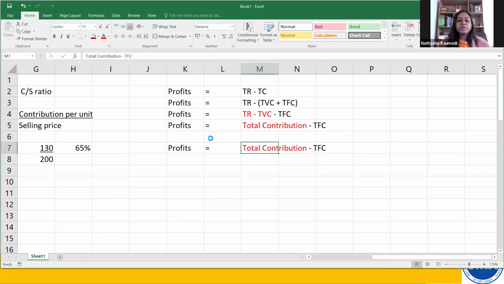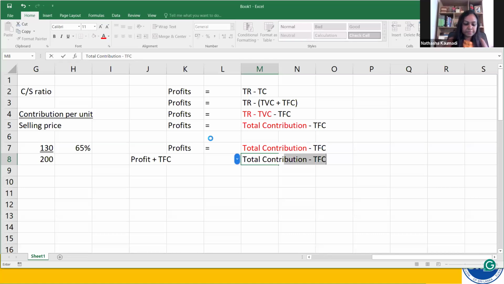I want to keep total contribution this side, and to keep that, I take minus TFC to the left side. That becomes, instead of minus TFC, I write it as plus TFC.